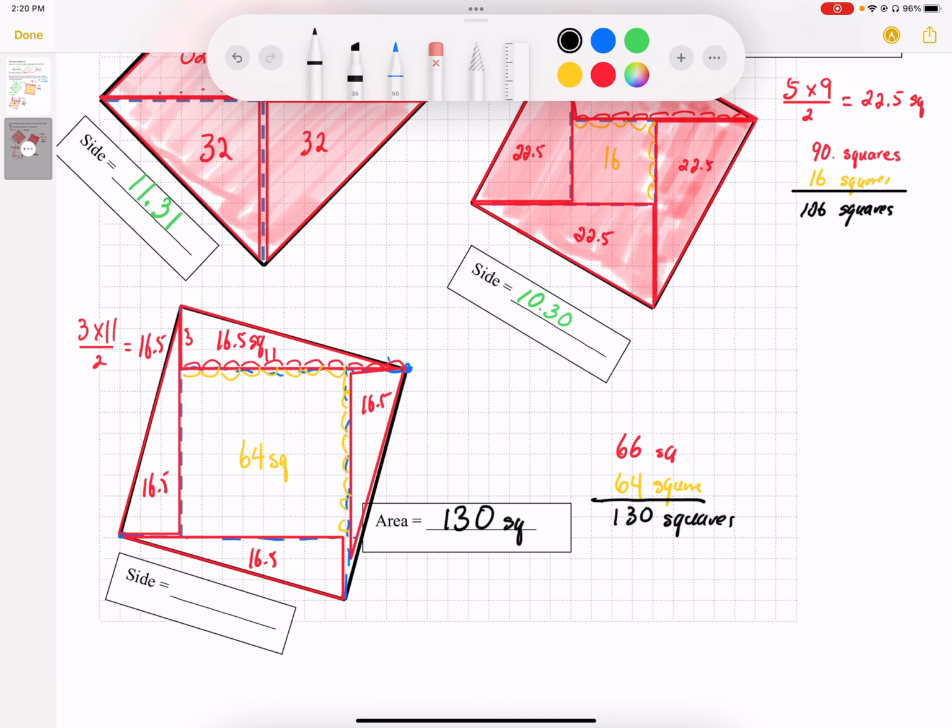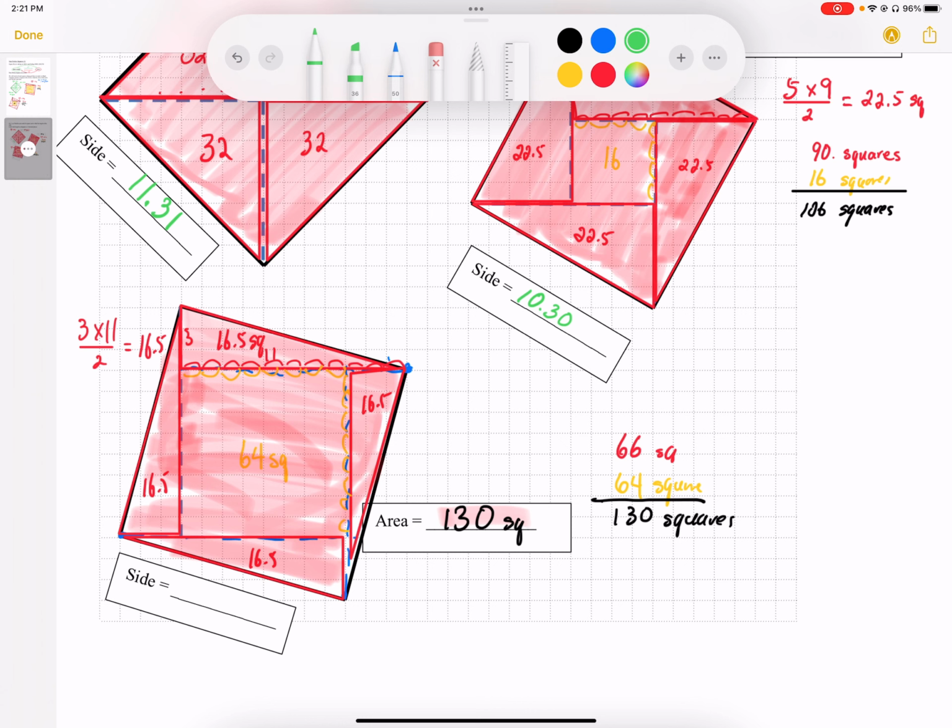Again, I'm going to shade that. That area is 130. If we were to count up all the squares that we can fit in there, we should be able to count up exactly 130 individual squares, although some of them are partial squares, but if we put them all together, we're going to get 130.